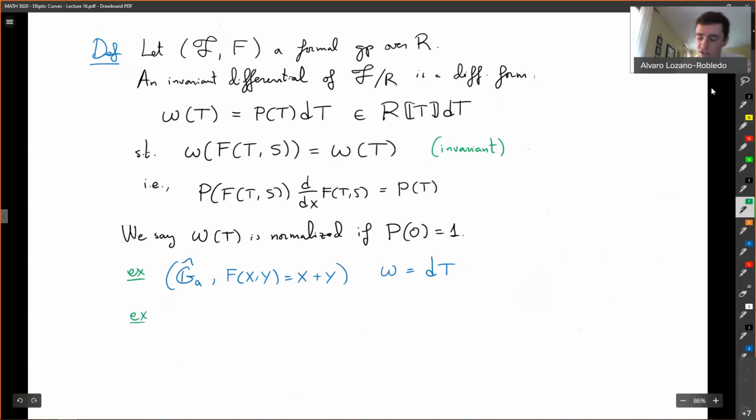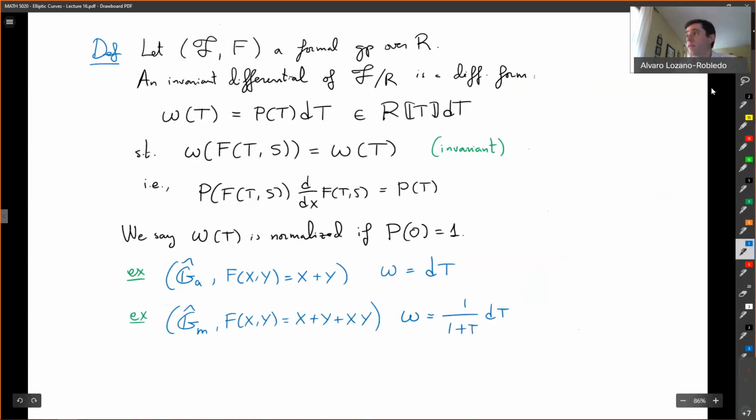So the power series is just the number 1. For the multiplicative formal group, which remember is x plus y plus xy, the invariant differential is actually 1 over 1 plus t, dt. Okay, which is the power series, a nickname for the power series 1 minus t plus t squared minus and so on, dt.